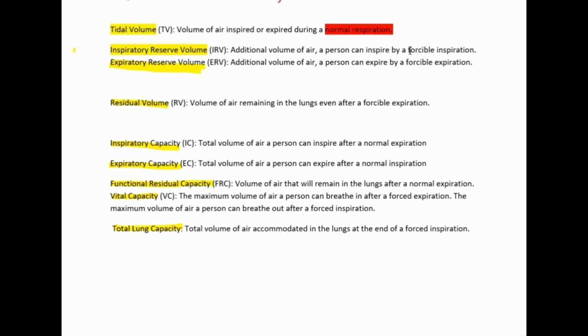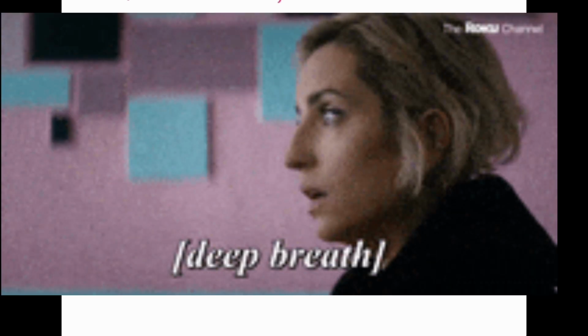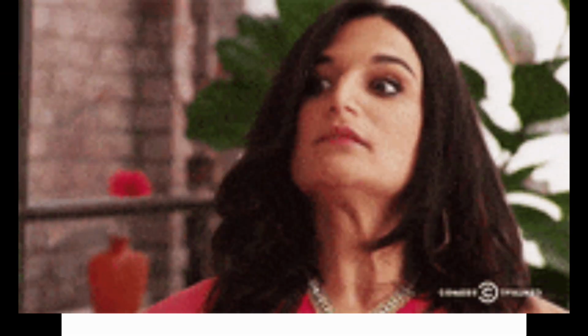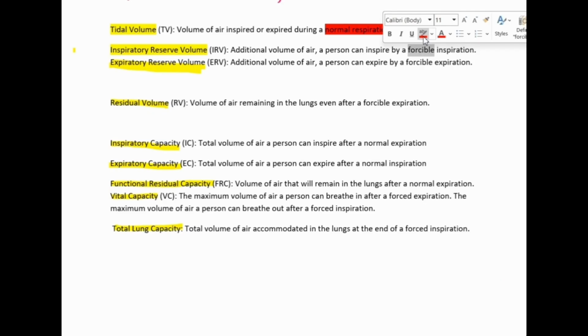Now coming to the next volume, which is IRV, inspiratory reserve volume. Inspiratory reserve volume is the additional volume that we inspire during forceful inspiration. You take a deep inspiration, trying to inspire forcibly.